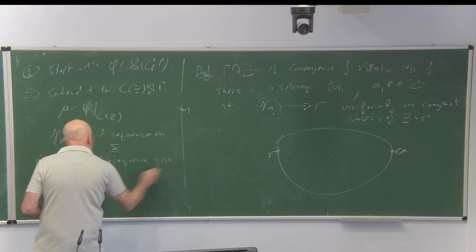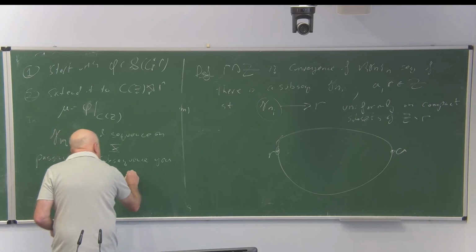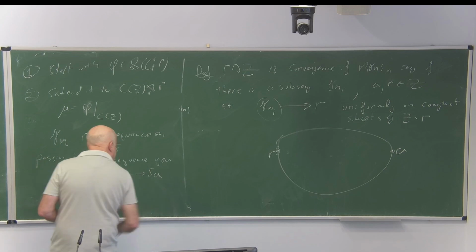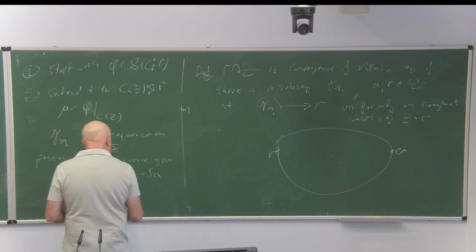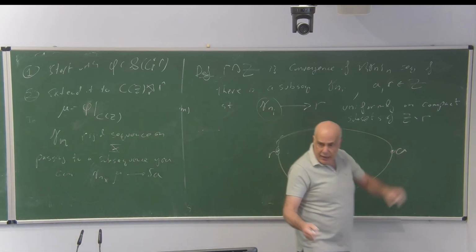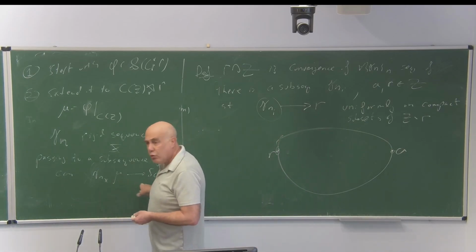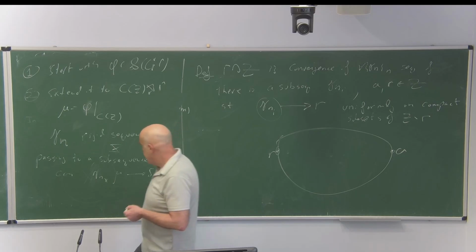With some games, passing to a subsequence, you can have that gamma n lower star of mu converges to delta A. I mean, if it converges on the whole space, just by the Lebesgue dominated convergence, it will also do the same thing to measures.